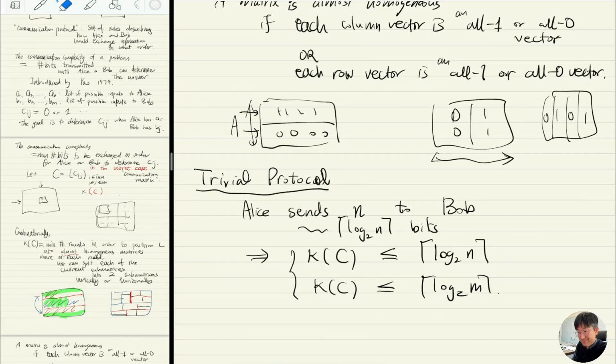That requires log n rounds. So that's the trivial protocol, the trivial upper bound. And we will talk about some lower bound and upper bound by using the rank function of the matrix C.